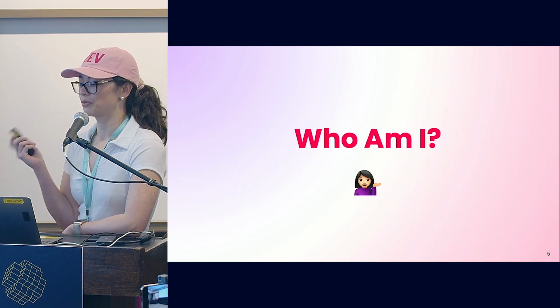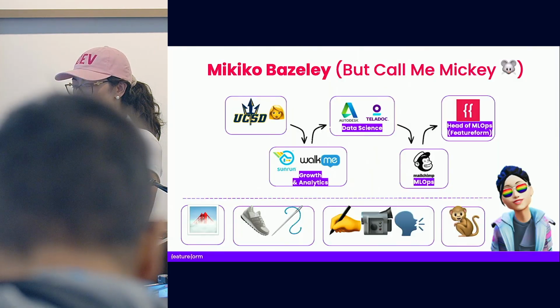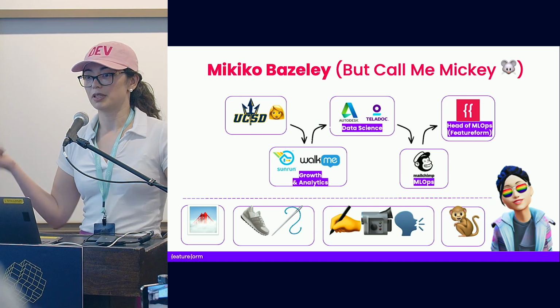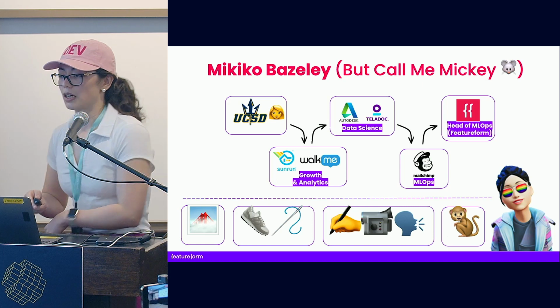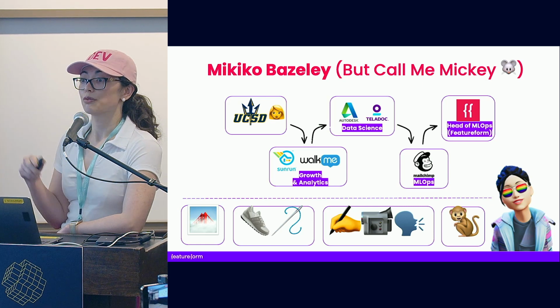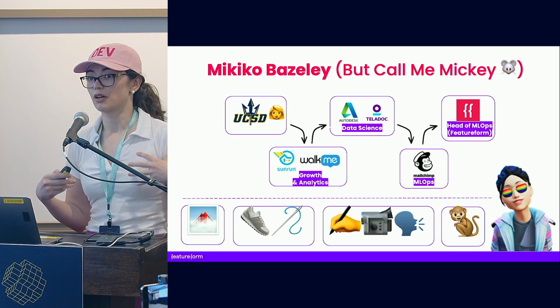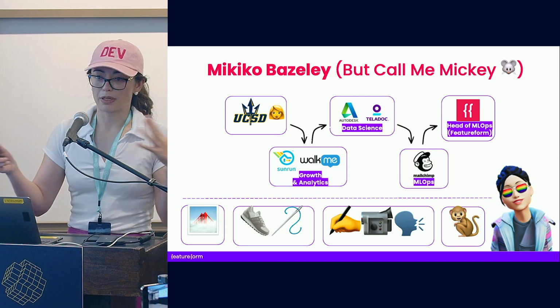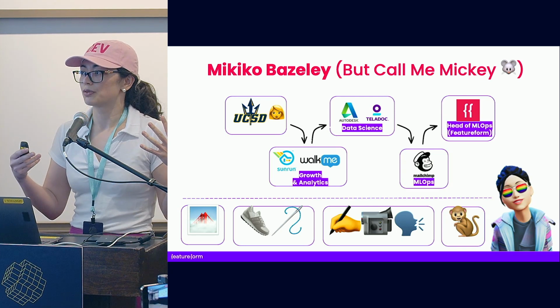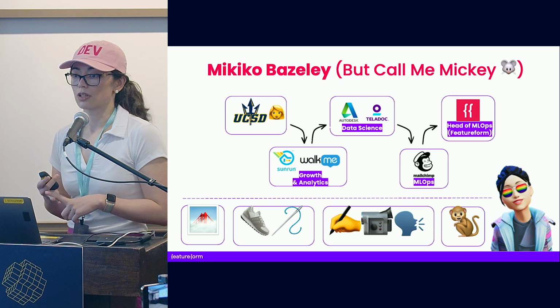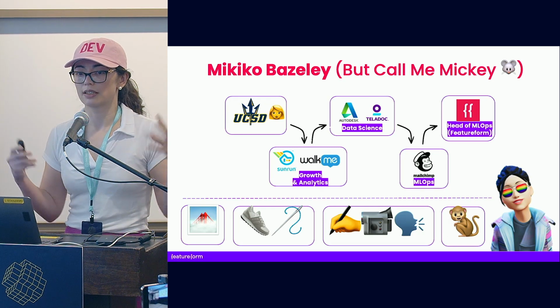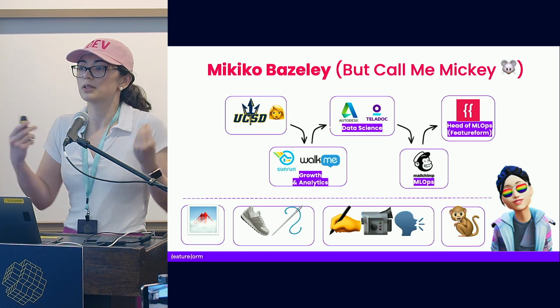Okay, so first off, who am I? My name is Mikiko Bazeley. You can call me Mickey, like Mickey Mouse ears. I'm currently head of MLOps at Featureform, which is an open source feature store. In my role there, I get to work with a variety of different companies, from international enterprises to startups, who are all figuring out this first question of how do we design our ML platform.